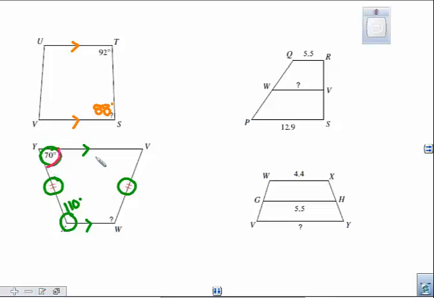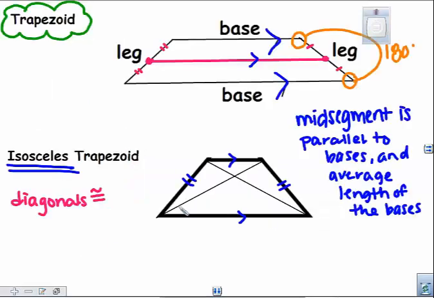Your base angles will be congruent. So these would be congruent to each other, and these would be congruent to each other. So this one would also be 110 degrees. So again, you can mark base angles congruent. Okay, so the two angles that are on the same base will be congruent to each other if it's isosceles.